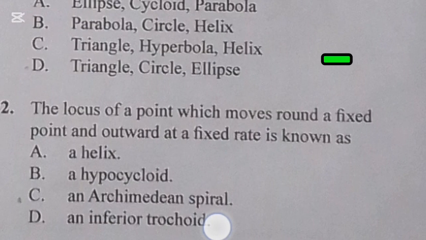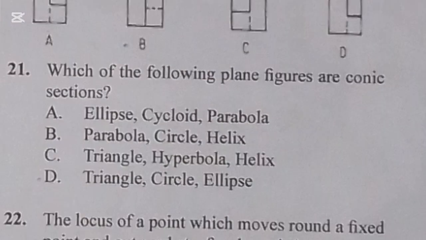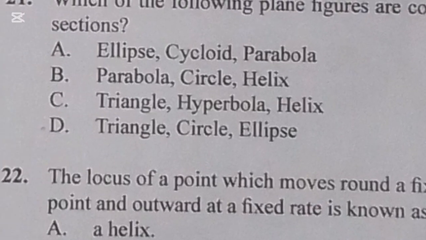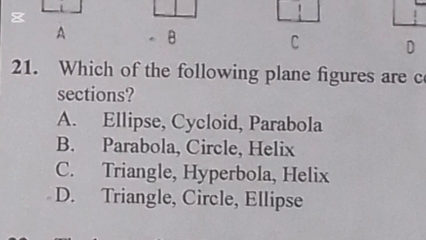Question 21. Which of the following plane figures are conic sections? A conic section is a section that, once it is truncated or you cut it, is going to be having something like a circle or an oval.